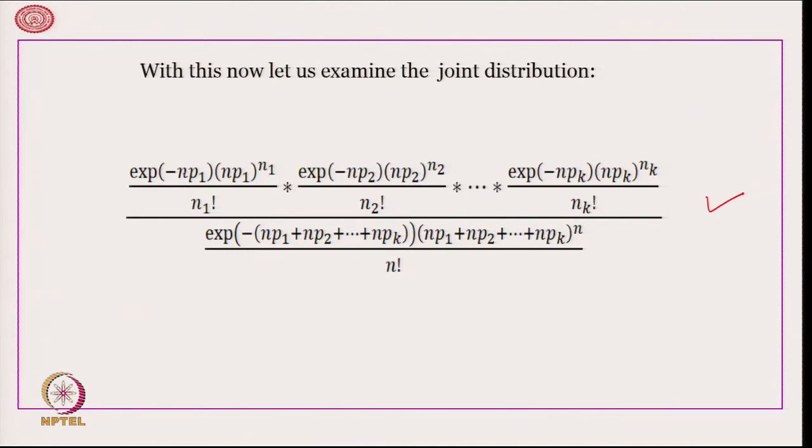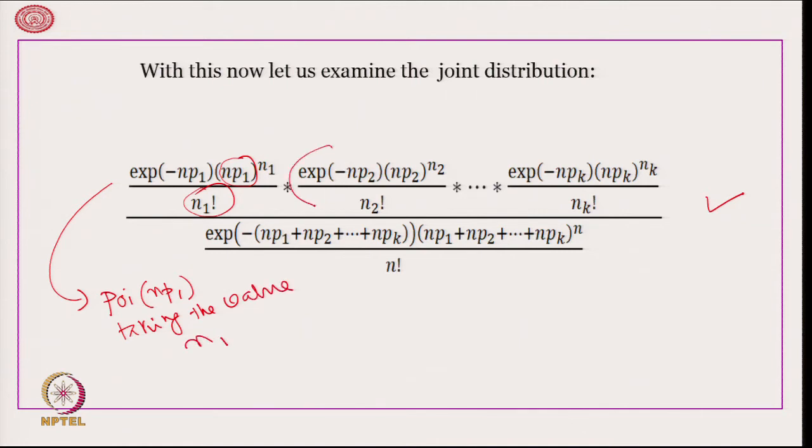So, it is e to the power minus lambda, lambda to the power n1 upon factorial n1. This looks like a Poisson random variable with parameter np1 taking the value n1. Similarly, this is a Poisson random variable with np2 as the parameter taking the value n2. Similarly for the kth one.